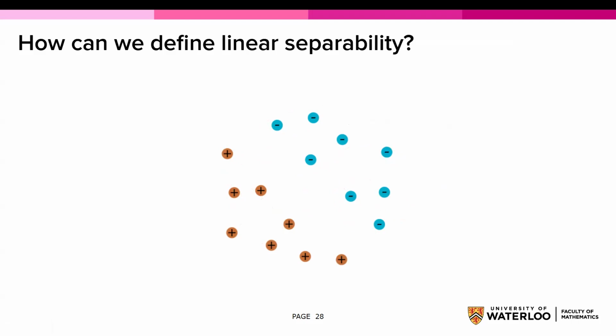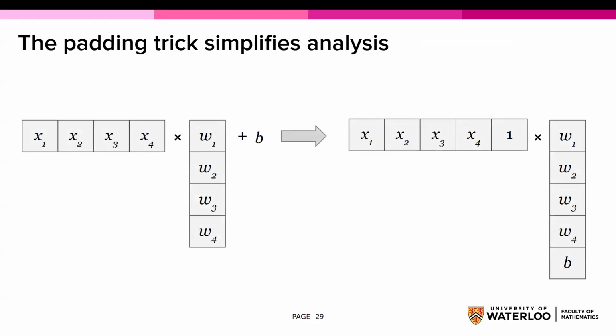But let's see if we can state this a little bit more rigorously in order to analyze the algorithm. One thing that's going to help with this analysis is something called padding. Essentially, instead of taking the inner product between the feature vector and the weights and then adding the bias, we first pad the feature vector with an extra element of 1, and then roll the bias into the weight vector.